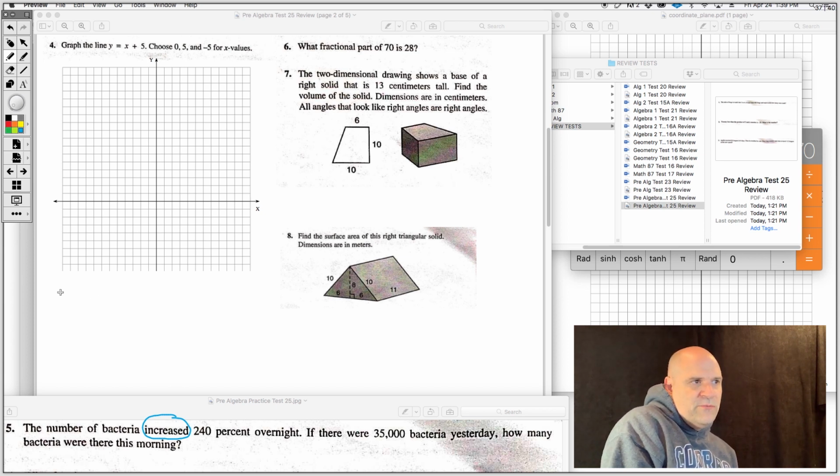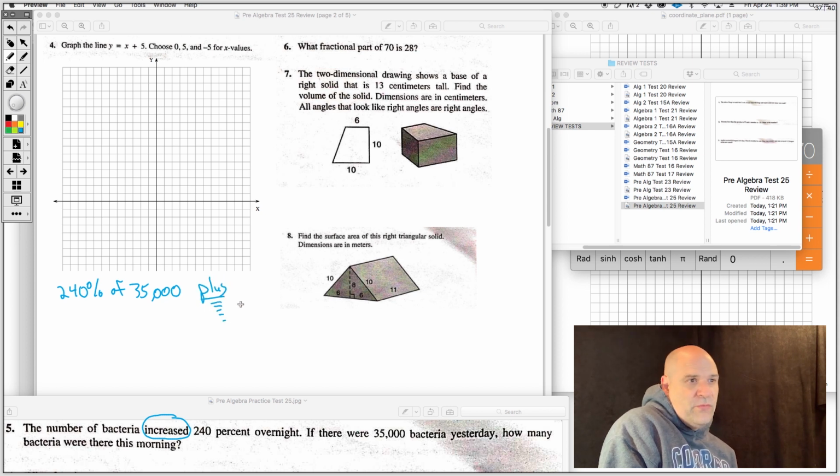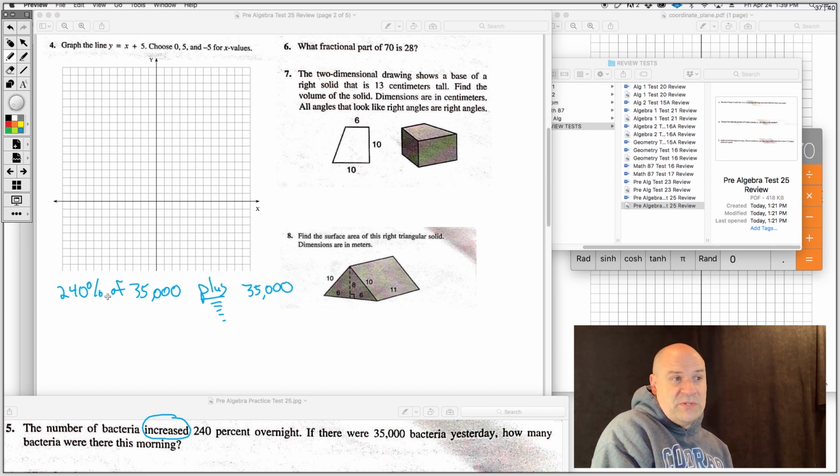So you find 240% of 35,000, and then you have to add it plus 35,000, okay? Or in other words, 240% of 35,000 plus another 100% of 35,000. So you could just find 340% of 35,000 and you're done. But let's do it this way.